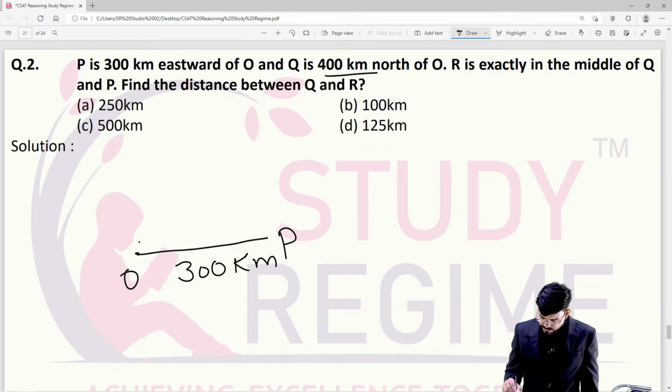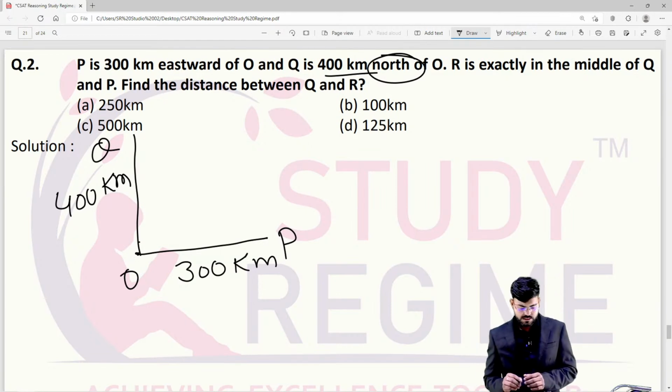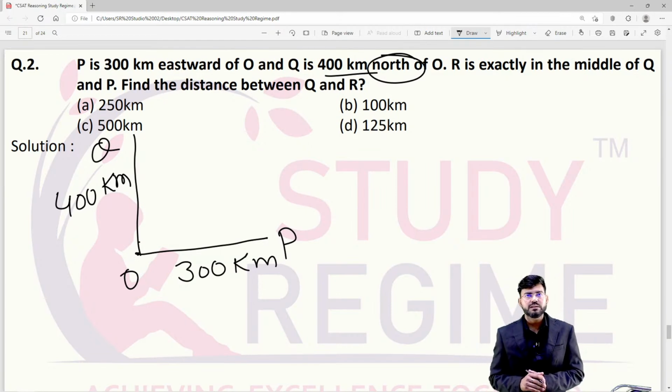Q is 400 km north of O. Now, these are the two positions. This is Q and this is P. P is towards east and Q is towards north.